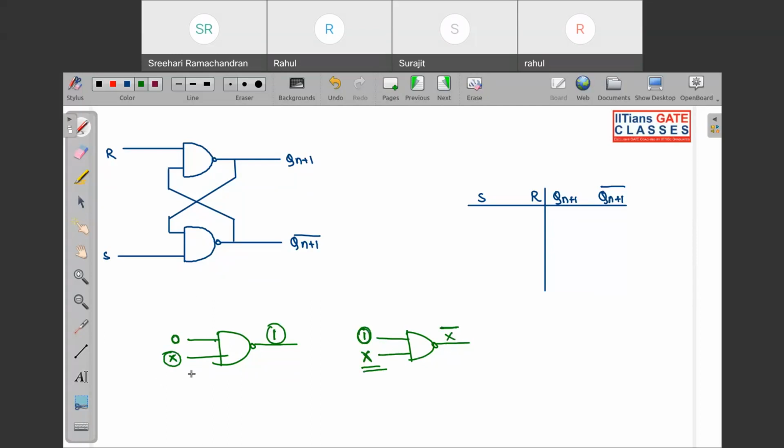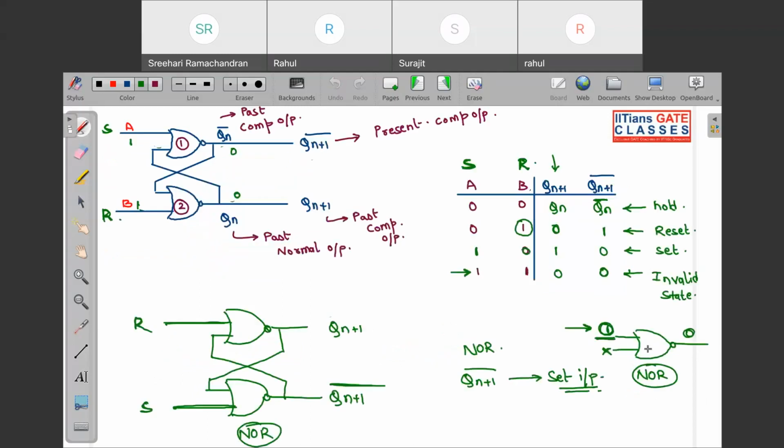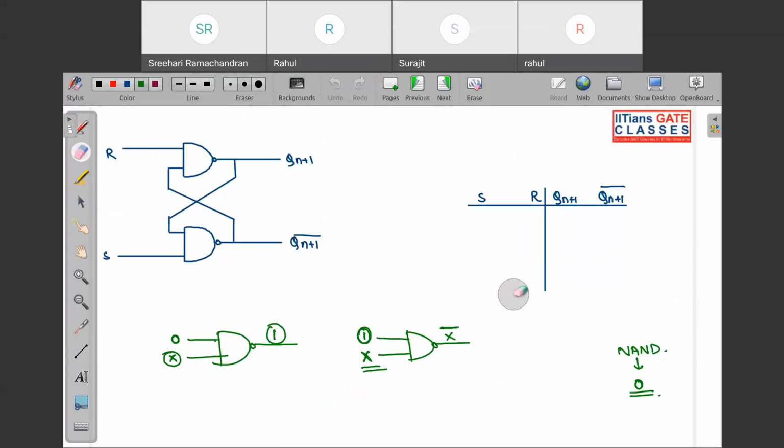So in your NAND gate, more priority is given to 0. That is why you can say that this latch is an active low latch. Now, usually I don't tell this concept, so let us skip this.